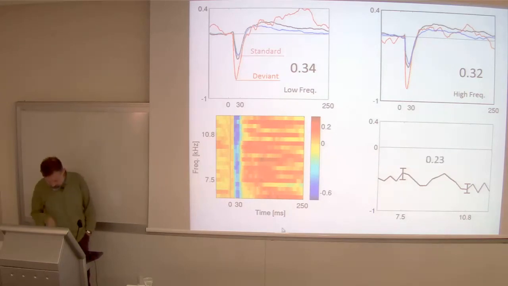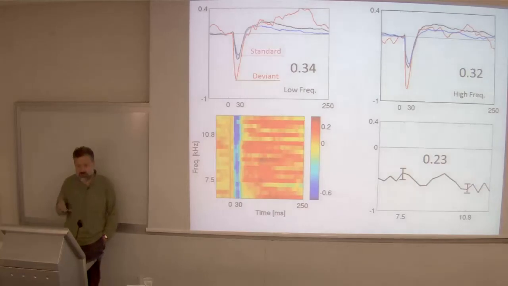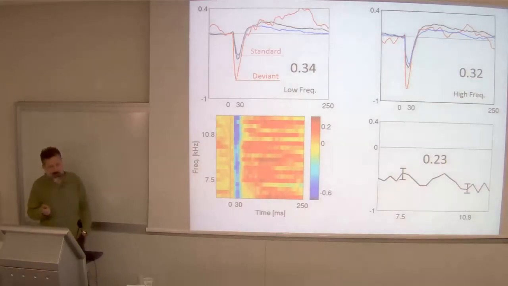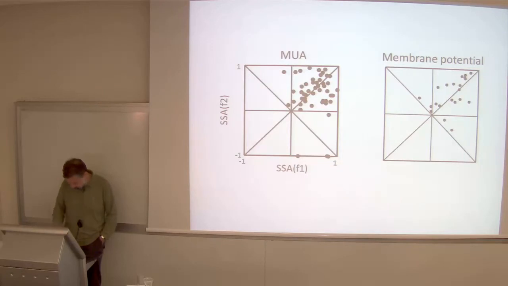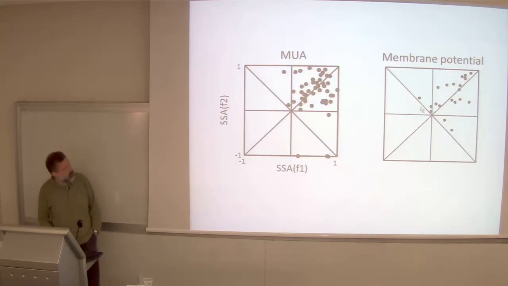And the answer is that the contrast is smaller. So this is not a very strong comparison, but these neurons seem to be interested more by changes in the probability of the sound than by changing the frequency of the sound. So these effects are an important effect at the level at which we record the responses.